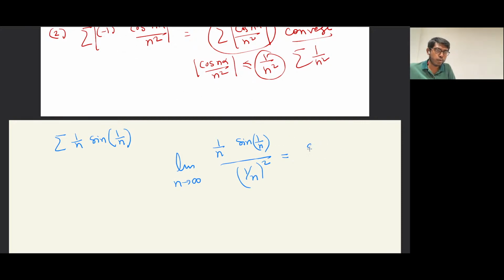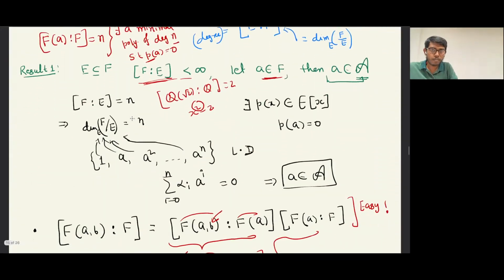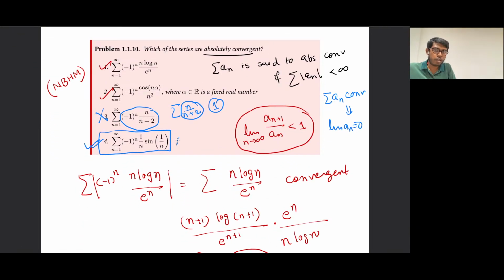This is a finite limit, and we know that the series 1 by n square converges. Therefore this will also converge, and hence this series is also absolutely convergent. Is it clear? This was nothing but playing with the formulas. Clear to everyone? So we can proceed to the next problem.